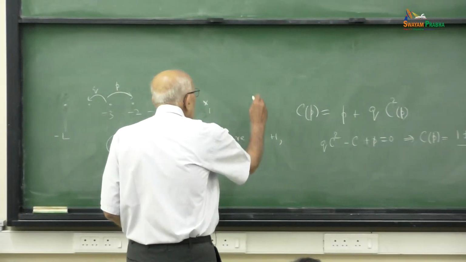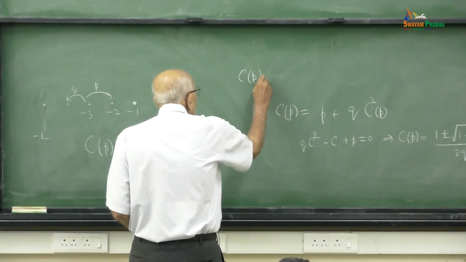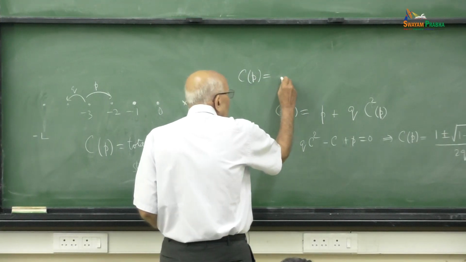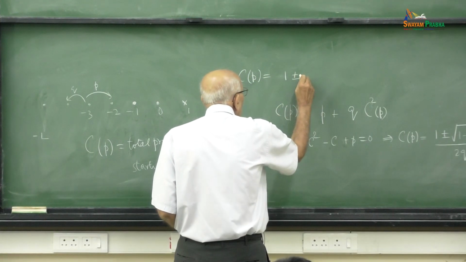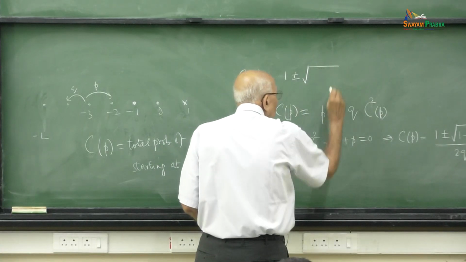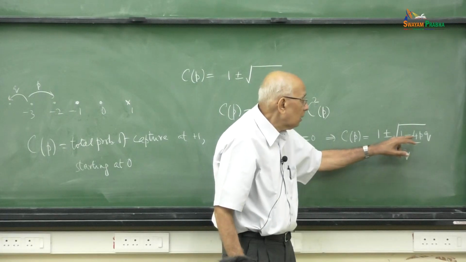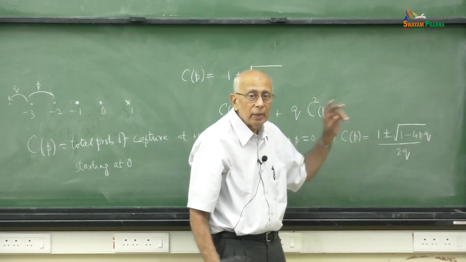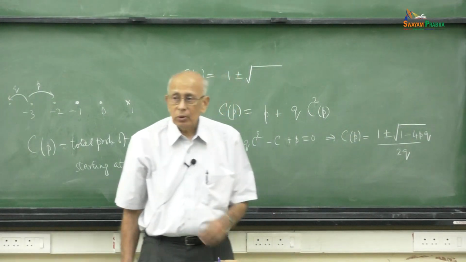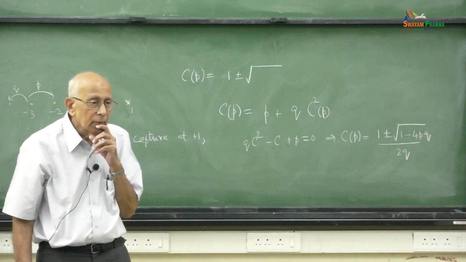So C of P is equal to 1 plus or minus the square root of, and what's inside the bracket? Q is 1 minus P, so this is 1 minus 4P plus 4P squared. That's a perfect square, right?